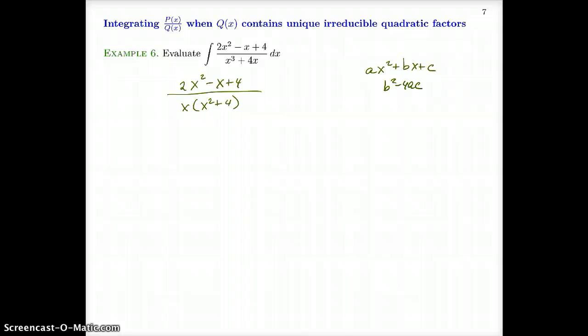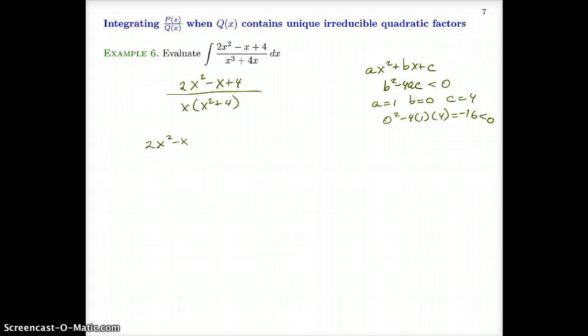So it won't factor if this is less than 0. So in x squared plus 4, a would be 1, b would be 0, and c would be 4. And if you do b squared minus 4ac, you'd get minus 16, which is less than 0, and therefore it doesn't factor.